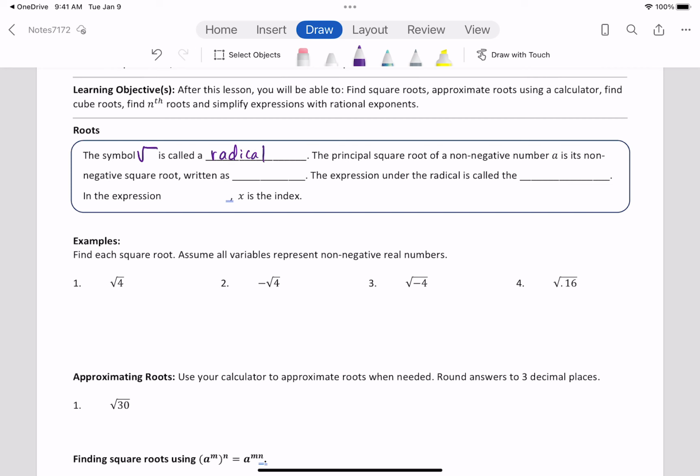The principal square root of a non-negative number a is its non-negative square root, written as root a. The expression under the radical is called the radicand.